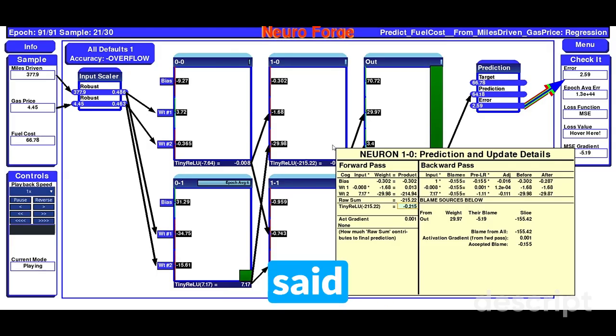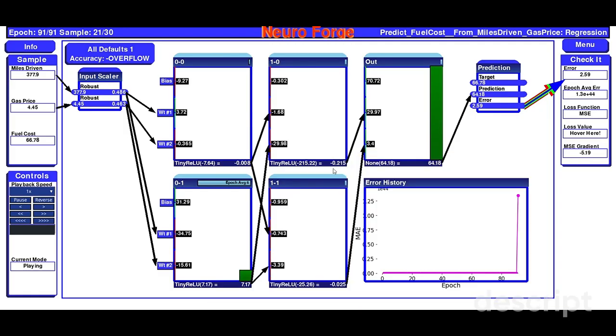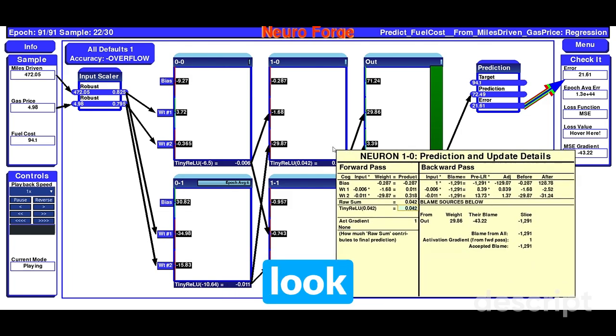But we said we'll take 1/1000th of that, essentially like a dead neuron. But for the first time in the run of this model, this thing flips positive. And look what happens to that activation gradient. It goes from 0.001 to 1. It increases by 1,000.